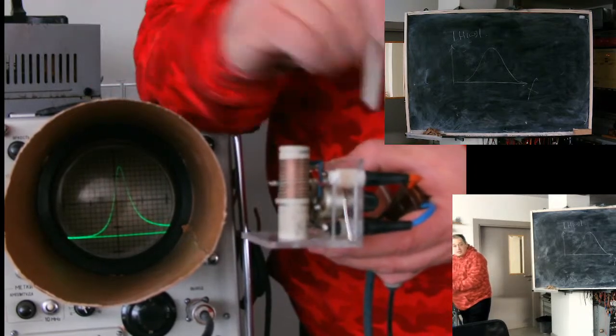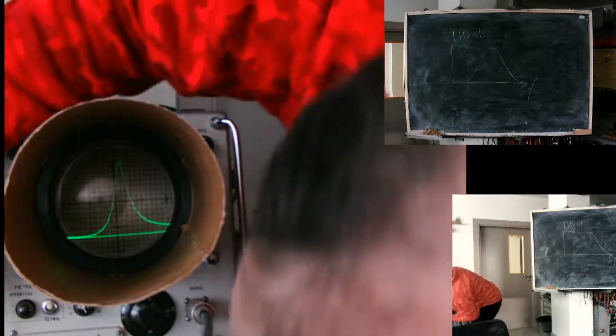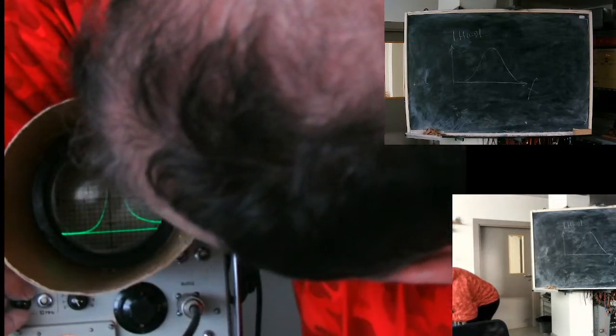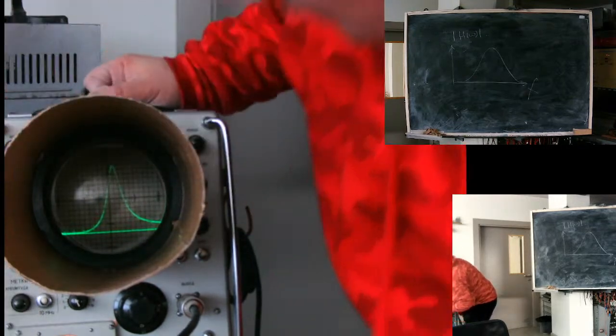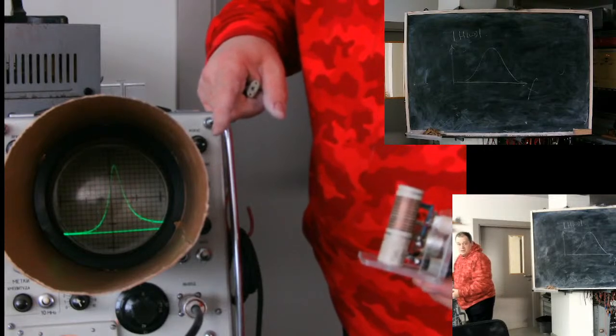Now you saw a resonance characteristic. I may switch scale. You see small marks on the line?